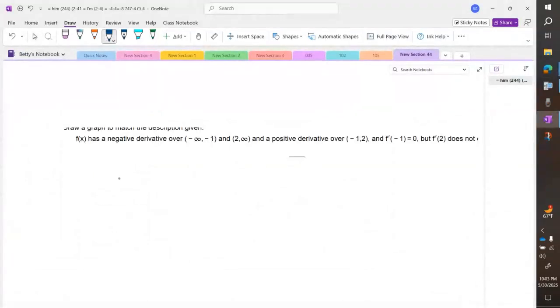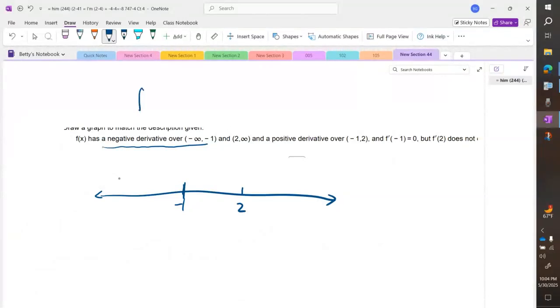So we consider the real number line. It mentions negative 1, it mentions 2.